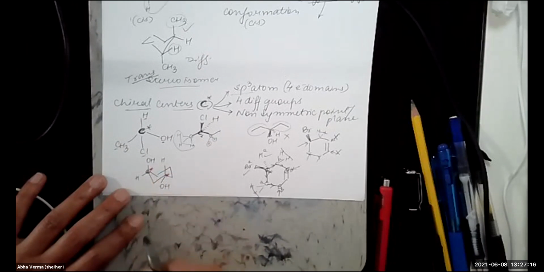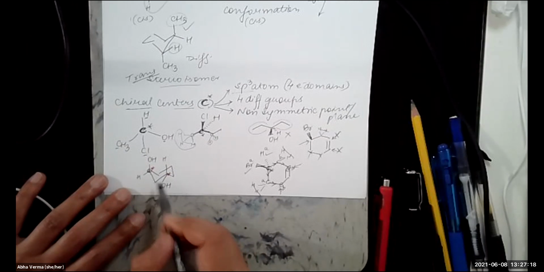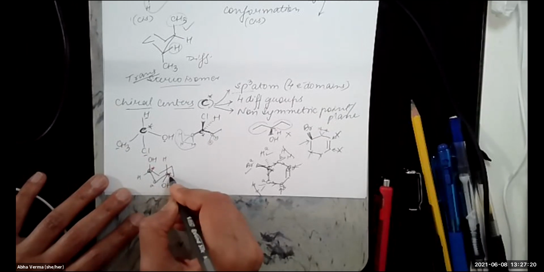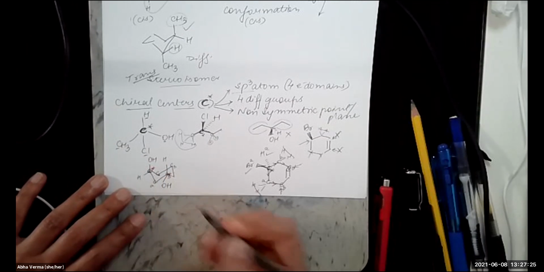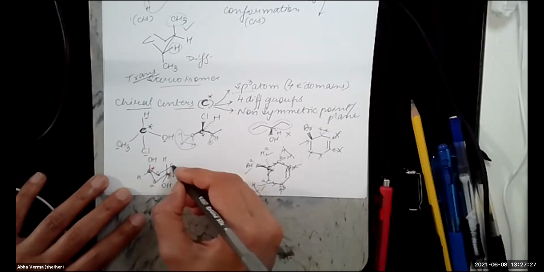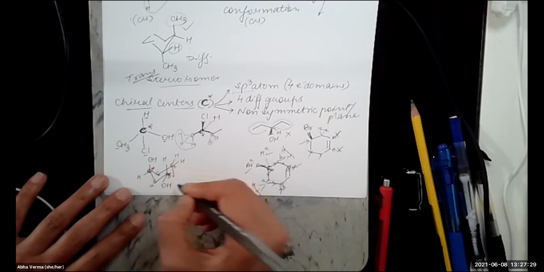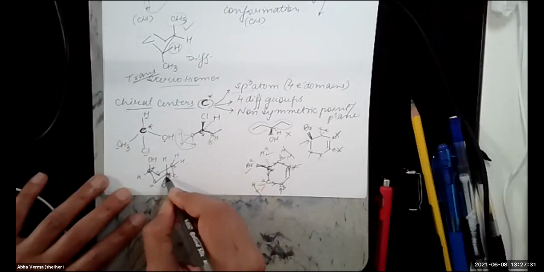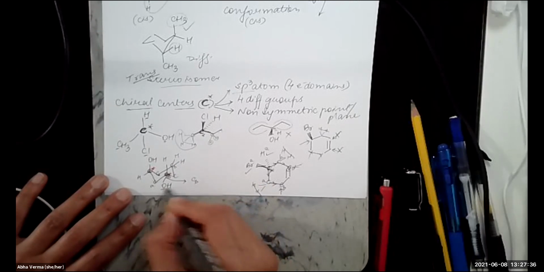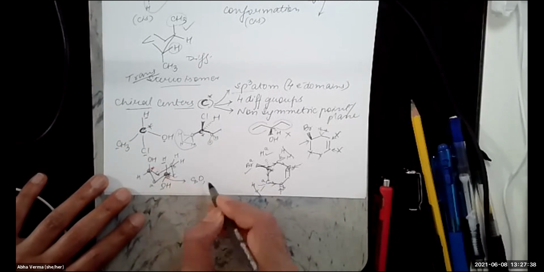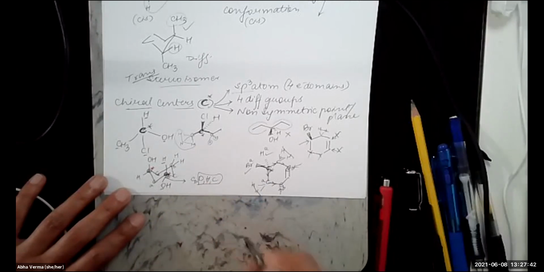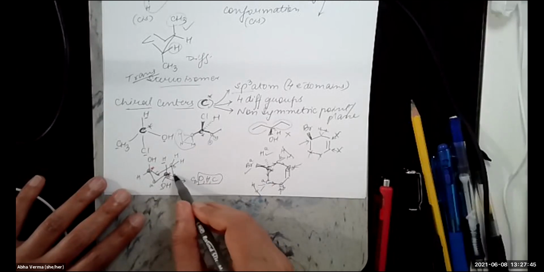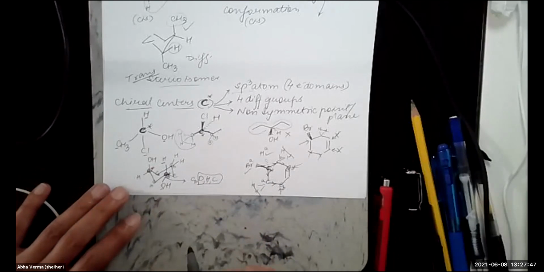On this carbon, I have carbon A, carbon B. On this carbon, I have carbon A, carbon B. This carbon B has what? It has two hydrogens and a carbon. What does this carbon B have? This carbon B has an oxygen, a hydrogen, and a carbon next to it. And so this carbon is chiral.